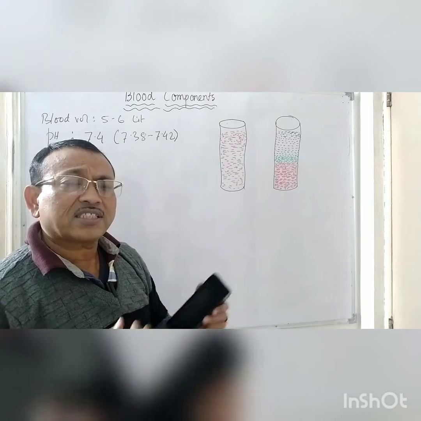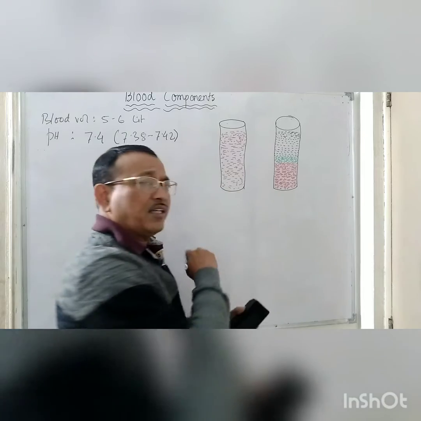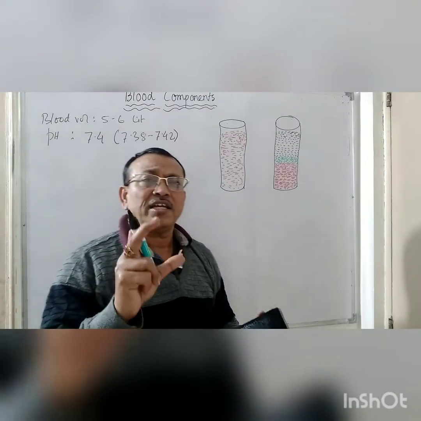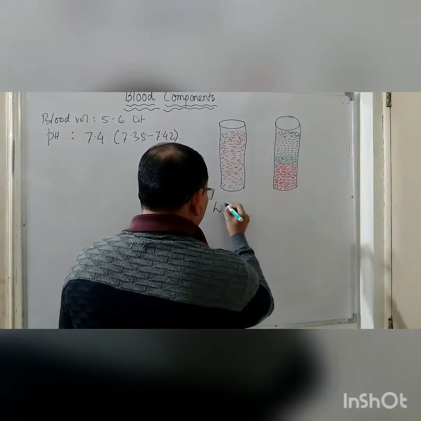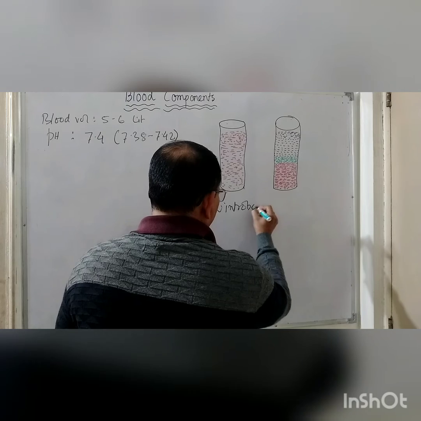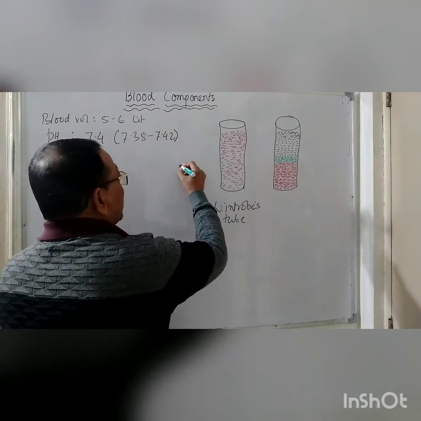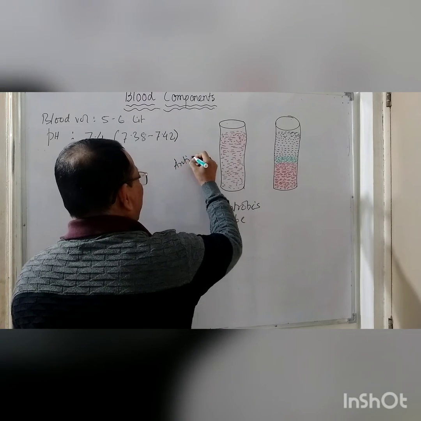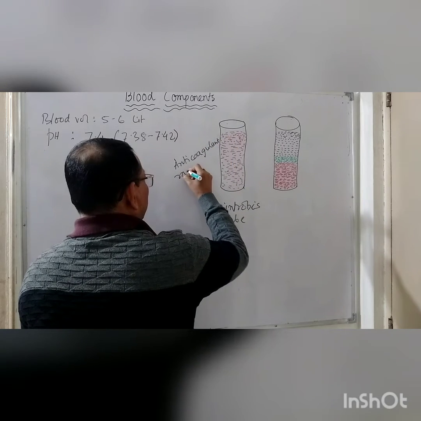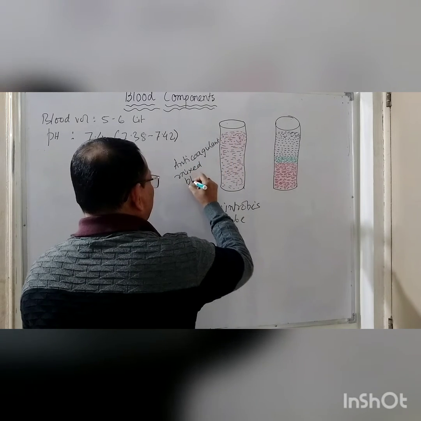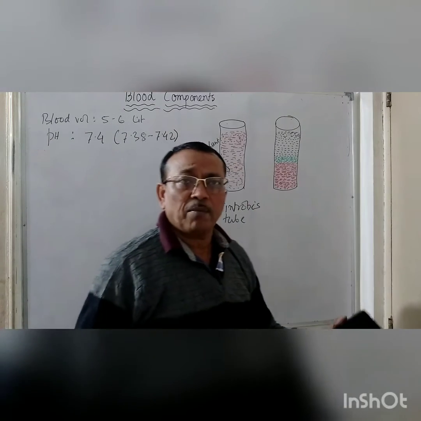To discuss the blood components, let us explain one experiment. In a Winthrop's tube or a hematocrit tube, anticoagulant mixed blood is taken, so that the blood doesn't clot.